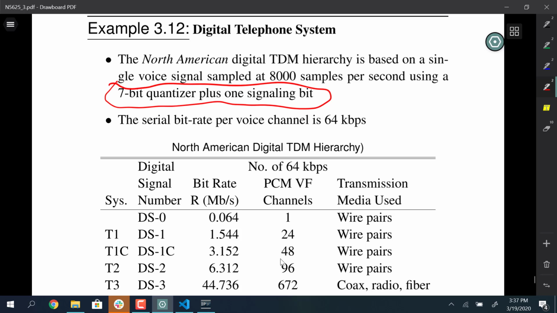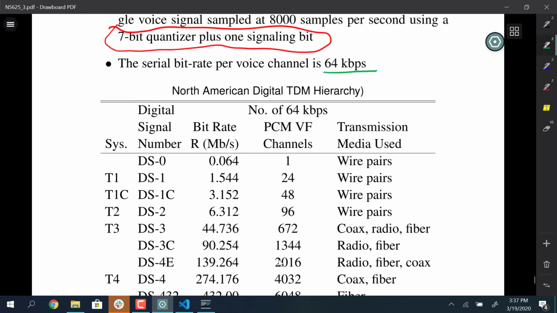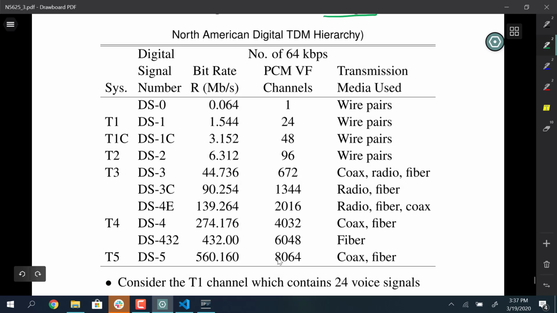So North American TDM also comes up with 64 kilobits per second, but for a slightly different reason. Then the rest of the hierarchy is described here, where one wire pair is called digital signaling number 0. A T1 is 24 wire pairs, a T1C, and then you can see it just goes up higher and higher.